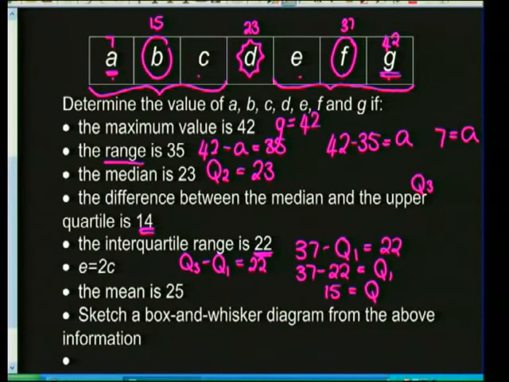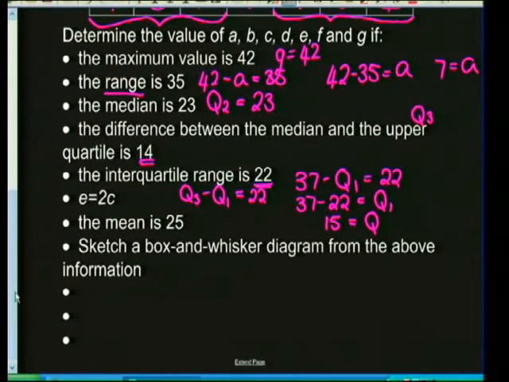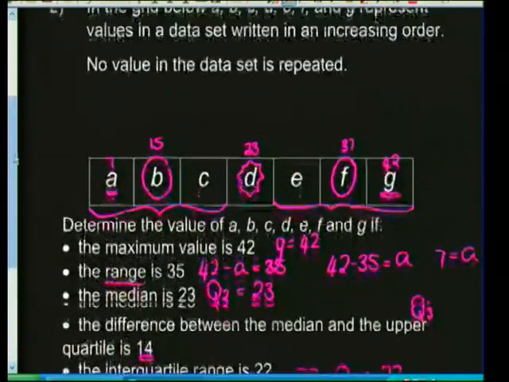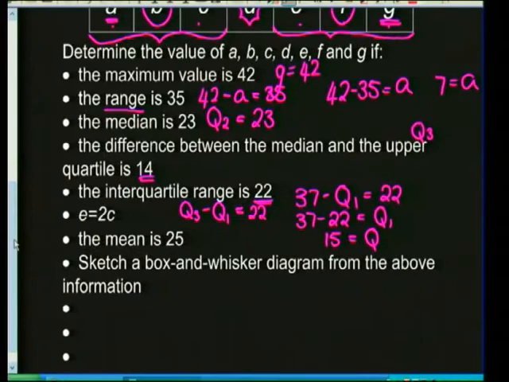Okay, so the last two values to solve for are your E and your C. Okay, so let's see what it is that we know. I need to solve for C, and for E. What have I been told about the mean? The mean is 25.